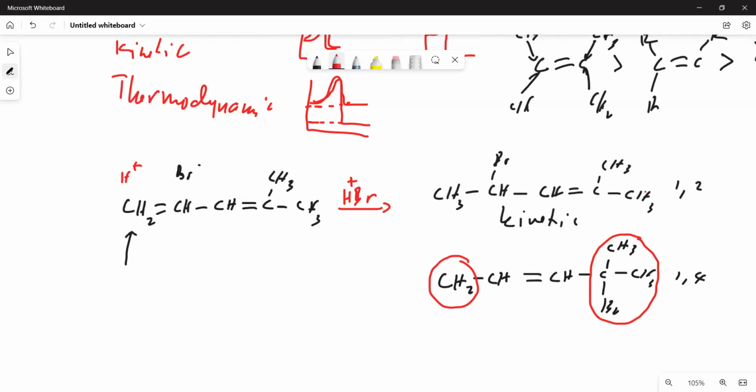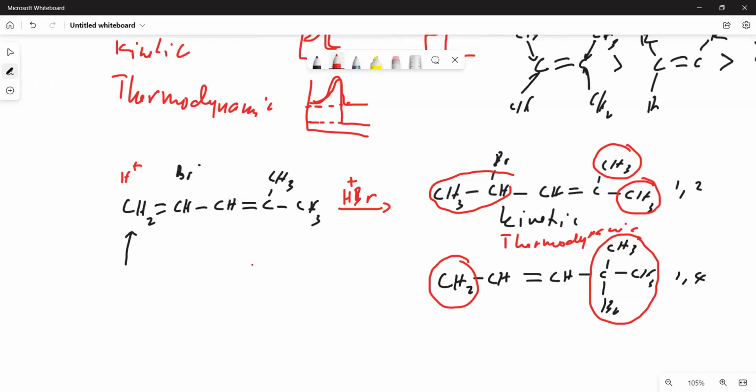But the 1,2 has this alkyl group and this alkyl group. So you have 3 groups to stabilize the double bond. So therefore, the 1,2 is more stable as a product compared to the 1,4. So this is also the thermodynamic product, not the 1,4.